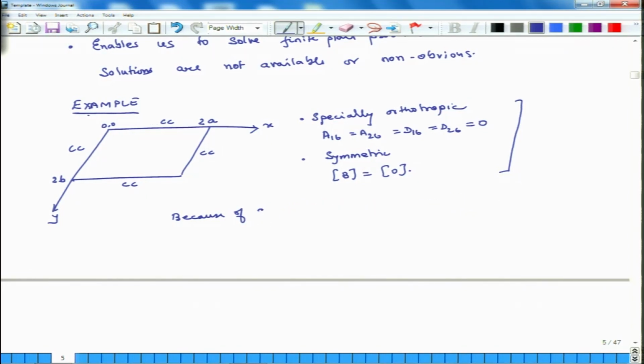Because of symmetry, the out of plane and in plane problem are decoupled.